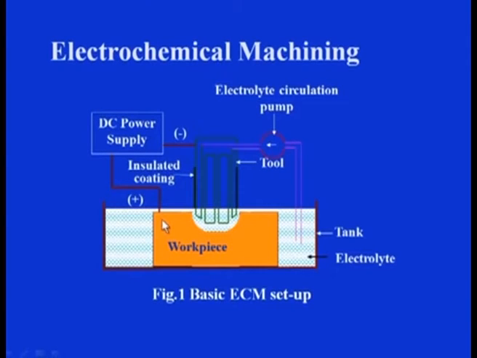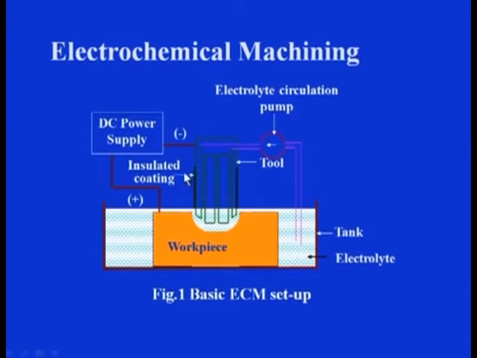As I already indicated, this workpiece will be connected to the positive terminal of the DC power supply, and the tool will be connected to the negative end of this power supply, and a very high current at low voltage will be passed through this gap.